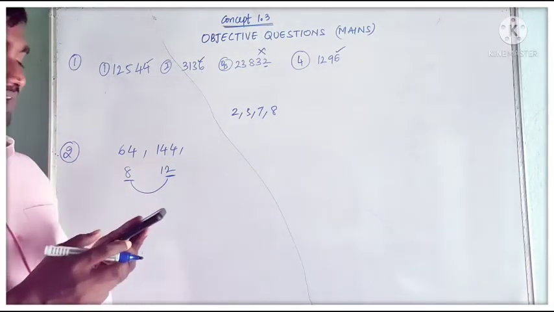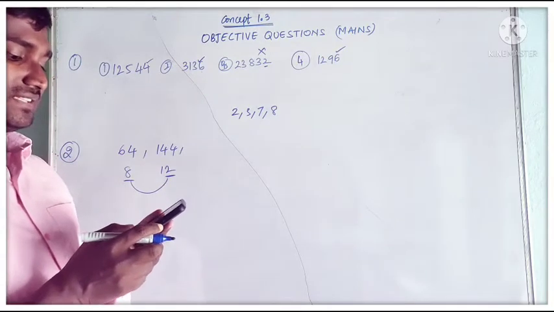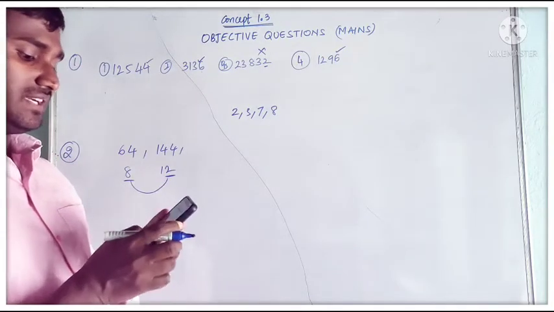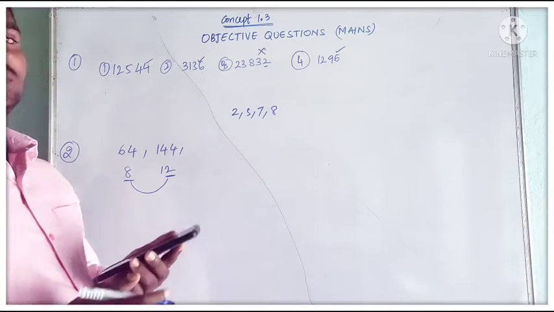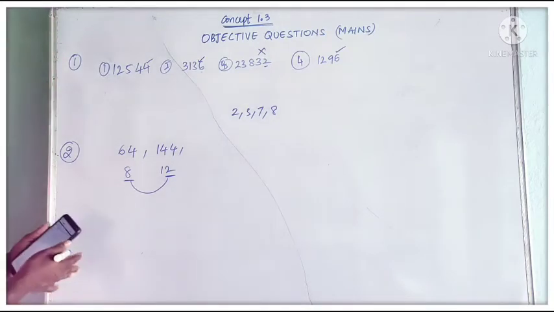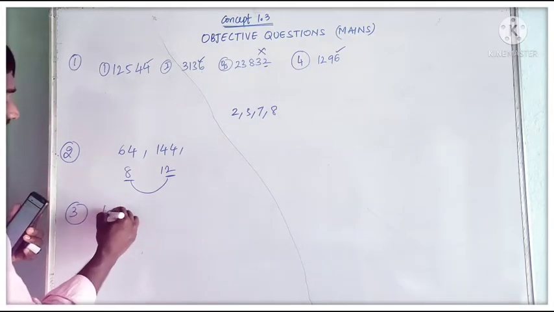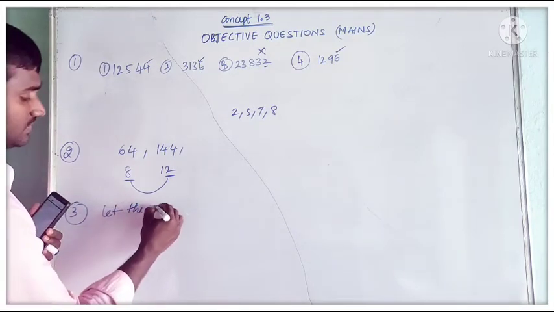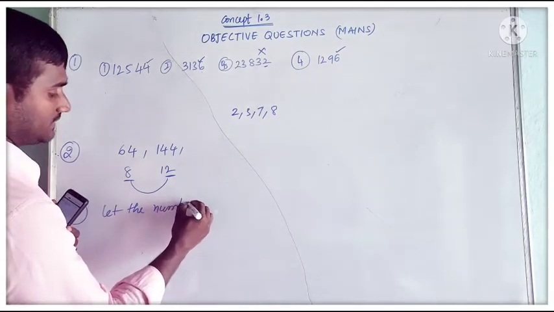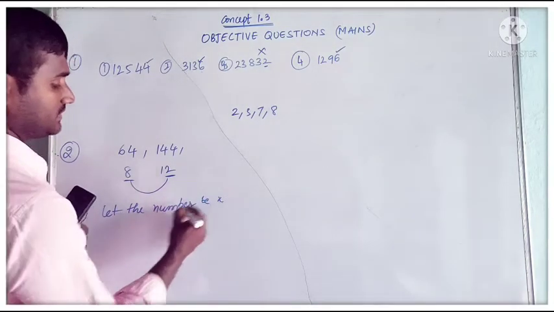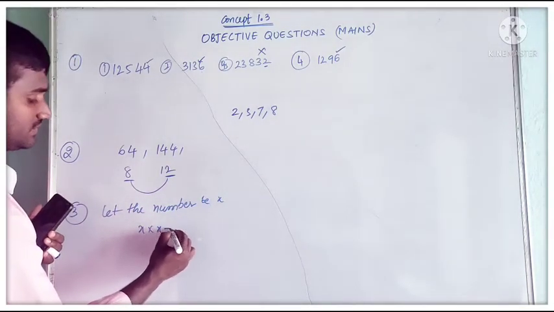Next: an odd number when multiplied by itself gives 2401. Then the number is? The odd number is multiplied by itself, but we don't know that number, so let the number be x. This number is multiplied with this number only.